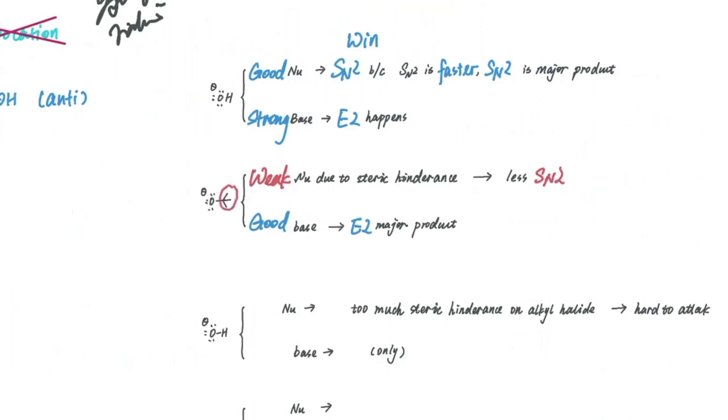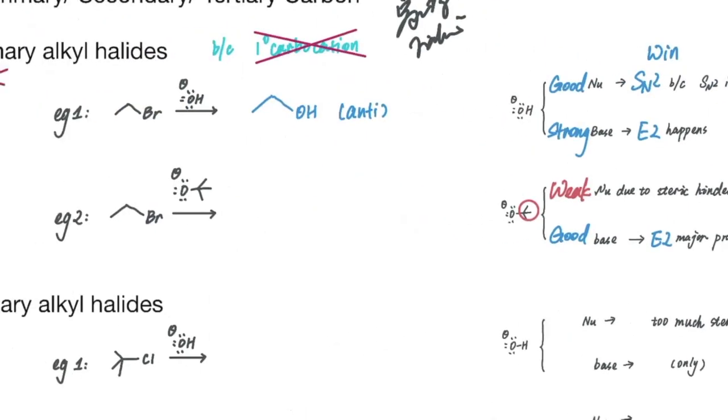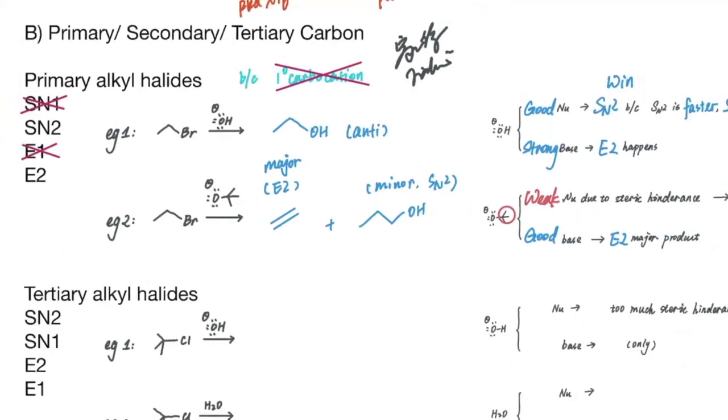This side is too bulky, so it's not easy for the nucleophile to attack the center carbon. So in this case, the product should be elimination, and that should be E2. That's the major product. But you're also going to see some SN2, though this is minor. So major is E2. If it's in the exam, you only have to show this. Okay.